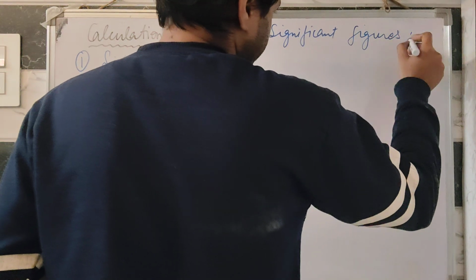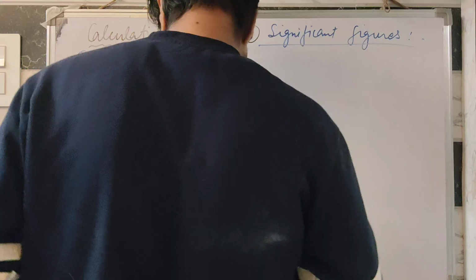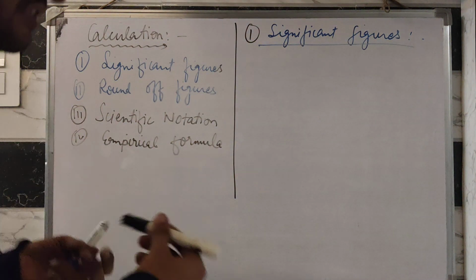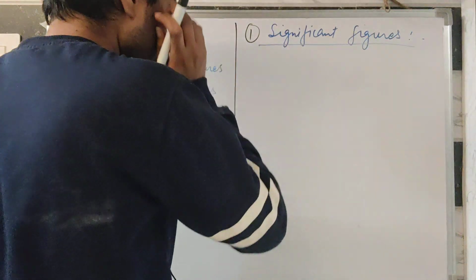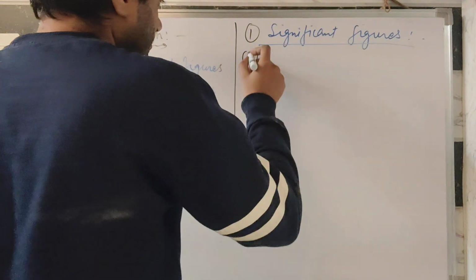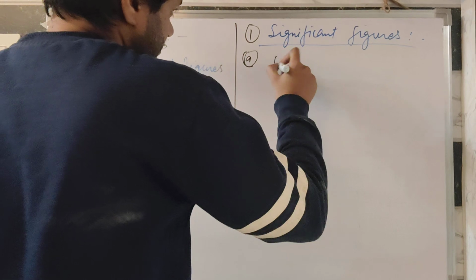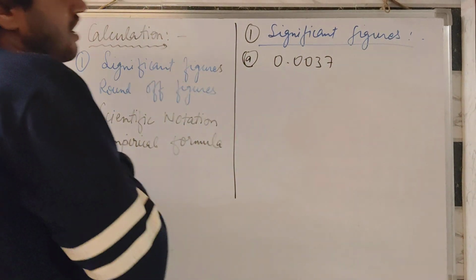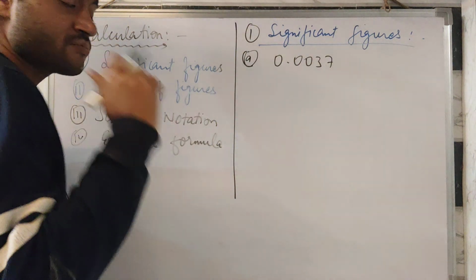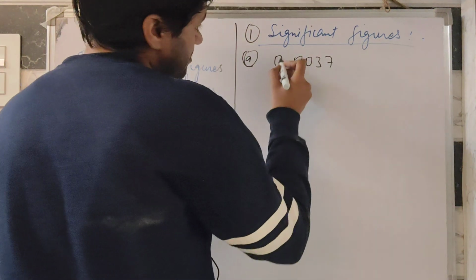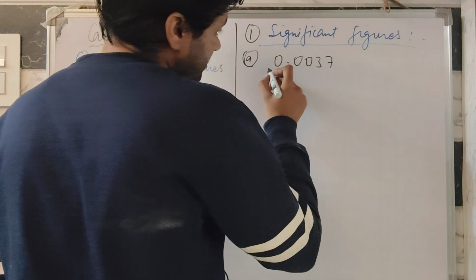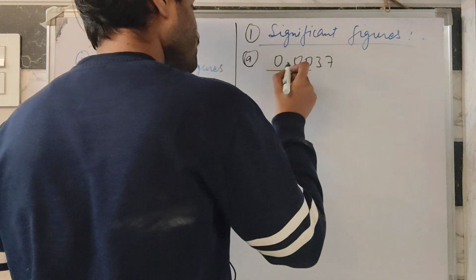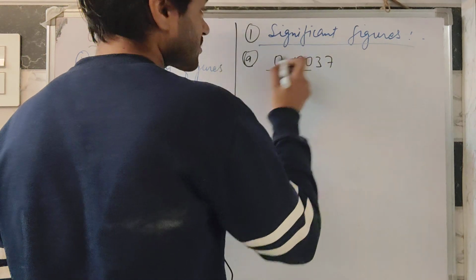Significant figure is the mathematically true expression which determines the certainty of any number. For example, there are 4 rules. If any number is written as 0.0037, how many significant figures are there? First thing to remember: if any number starts from 0, then these digits are not considered, and a 0 after the decimal is also not considered.